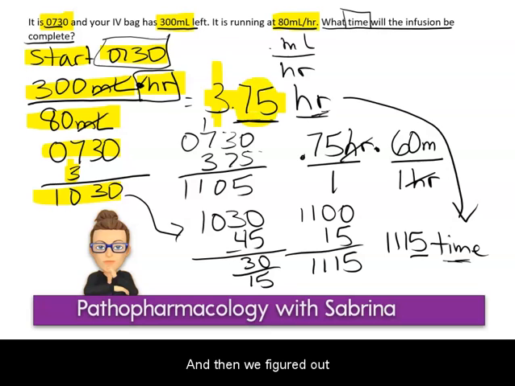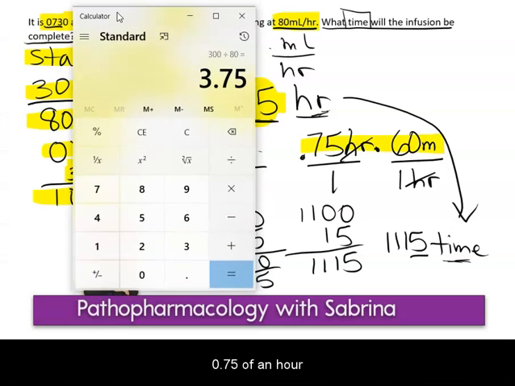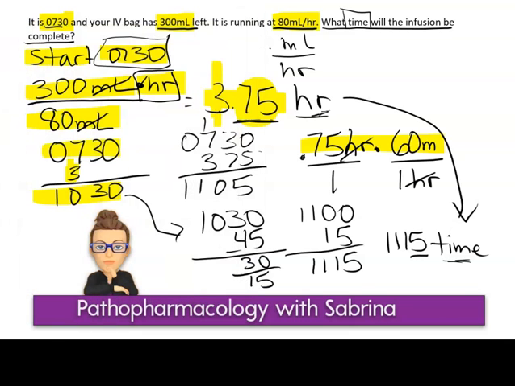And then we figured out 0.75 of an hour times 60 minutes equals 45 minutes. So we have our 45 minutes down here.